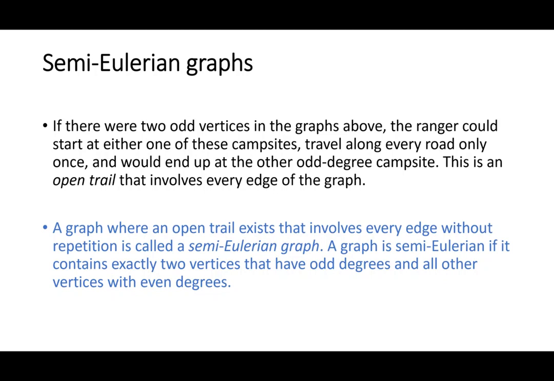So the sort of cliff notes of it, guys, is if there's all even degrees, it's Eulerian. If it's all even degrees bar 2, it's semi-Eulerian. Otherwise, it's nothing. It ain't special.